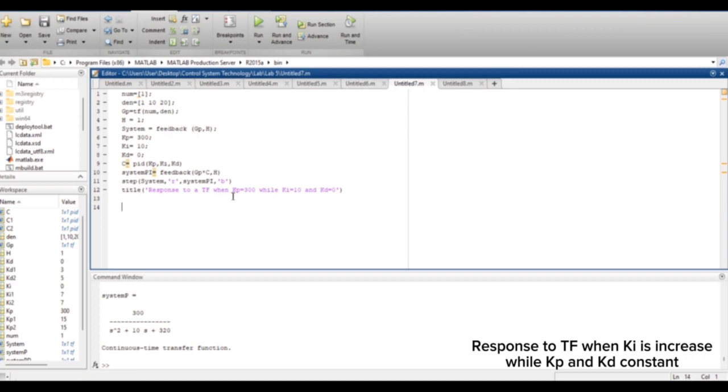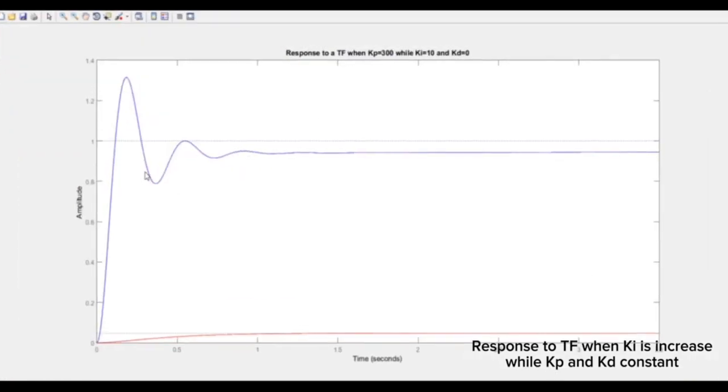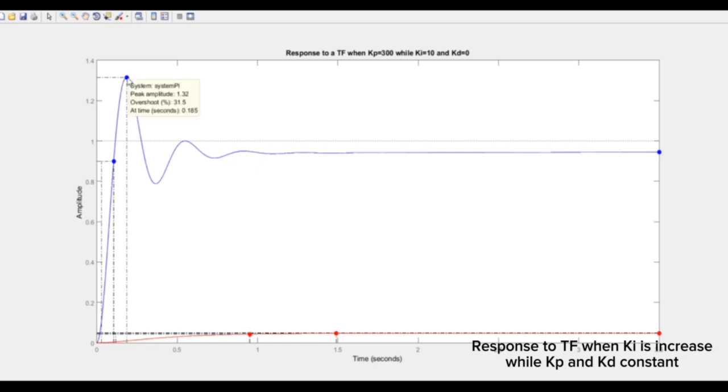As you can see here, this is when KP equals 300, while KI is 10 and KD is 0. So, as you can see here, this is the change. Now let's run the graph. I'll label it again: peak response, settling time, then the rise time, then the steady state.